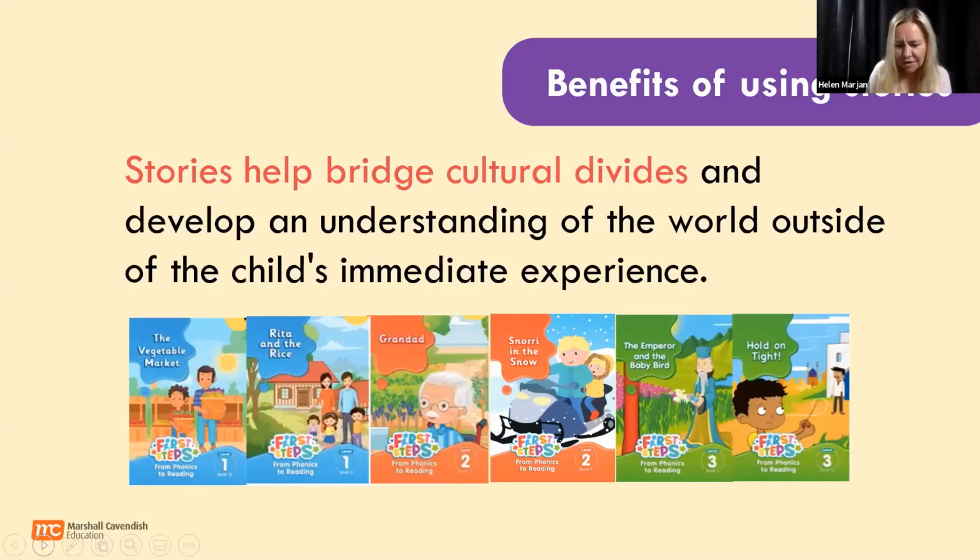And Hold On Tight, I think, is set in Iran or in Kazakhstan. So you've got stories in the First Step series with different settings from all over the world. And I think that's really interesting for the kids, because many of the reading schemes and many of the series of stories that I've seen before tend to be very Eurocentric.